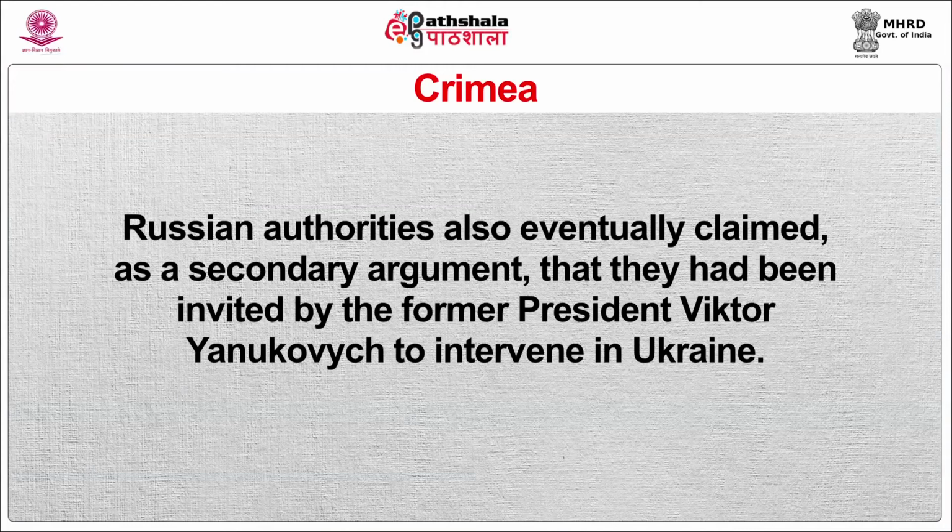The Russian authorities also eventually claimed as a secondary argument that they had been invited by the former president Viktor Yanukovych, that is the president of Ukraine, to intervene in Ukraine. As a general rule of international law, a state can and may invite foreign states and its troops into its territory voluntarily.